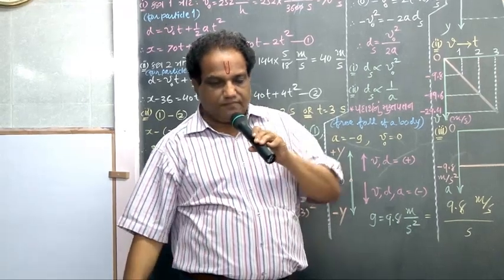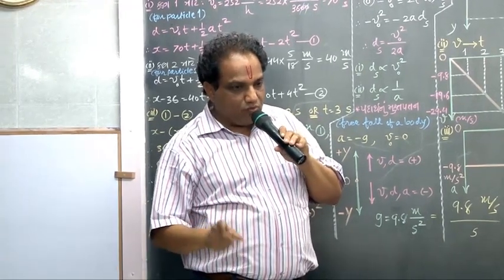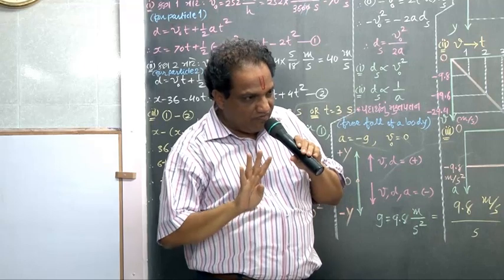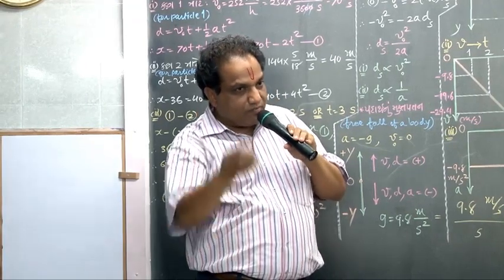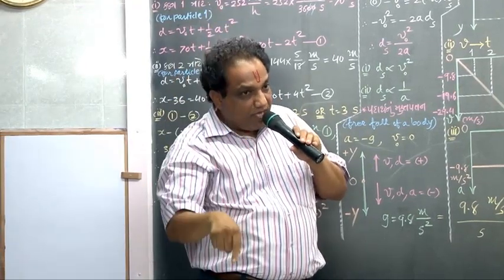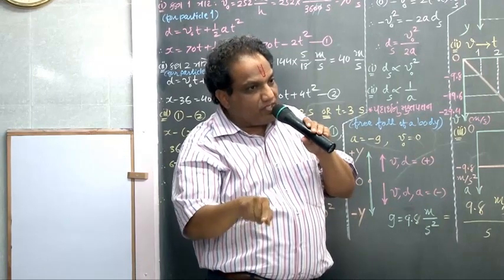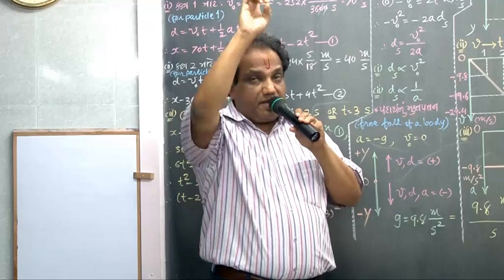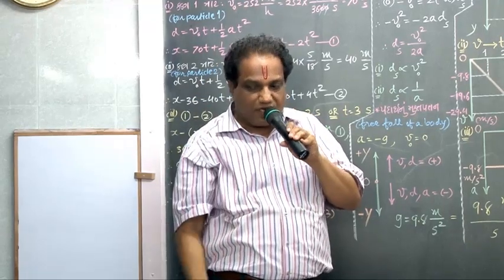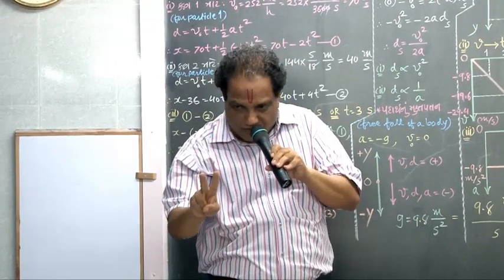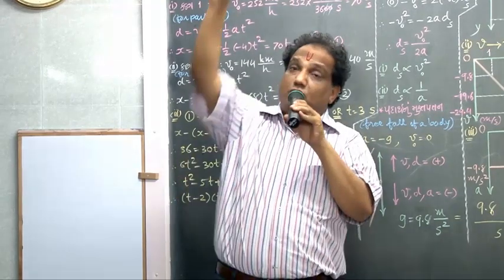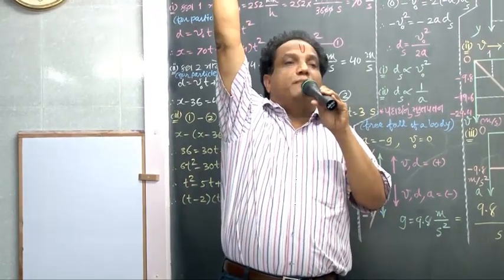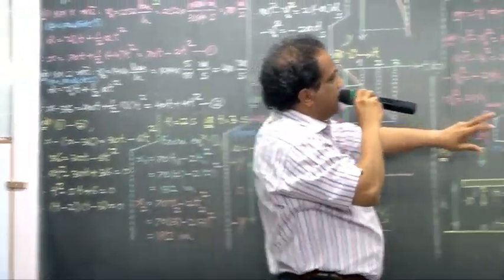Ball returns to hands at the end of 4 seconds. So going must be 2 seconds, coming back must be 2 seconds, that total time is given to you 4 seconds. So when it is ascending, the time taken is half of 4 seconds, that is 2 seconds. So it must have taken 2 seconds to achieve a point of maximum height. So write here 2 seconds.